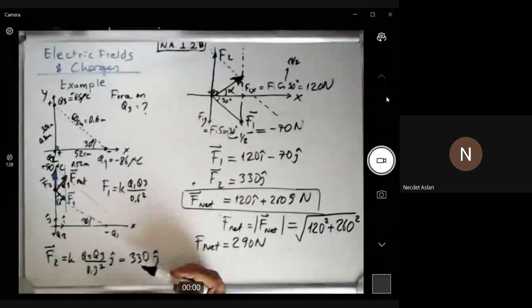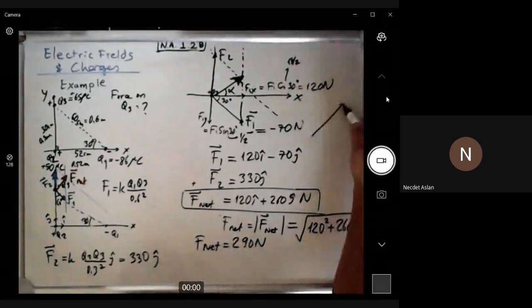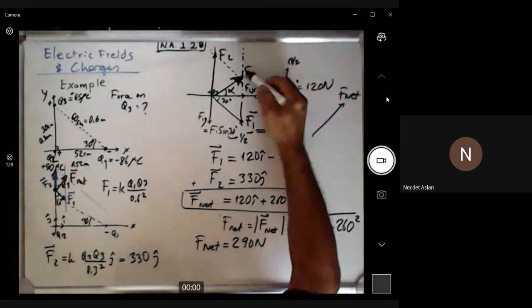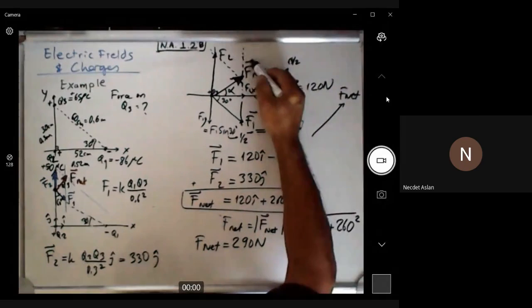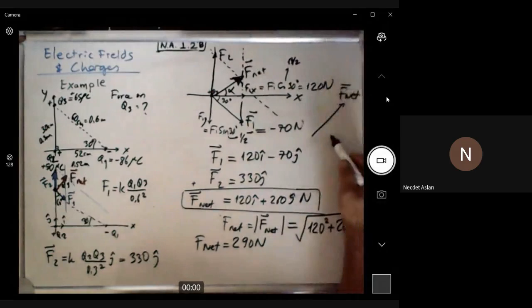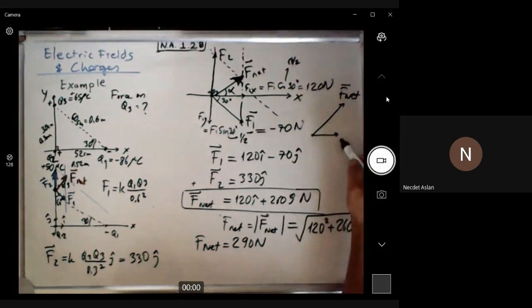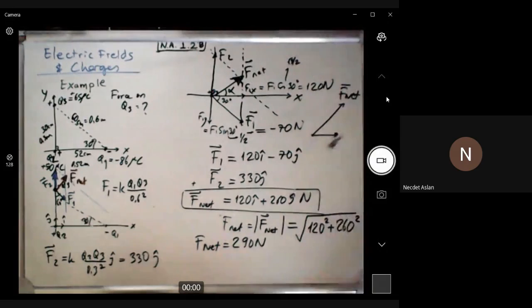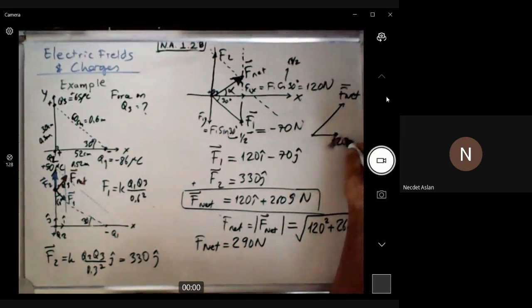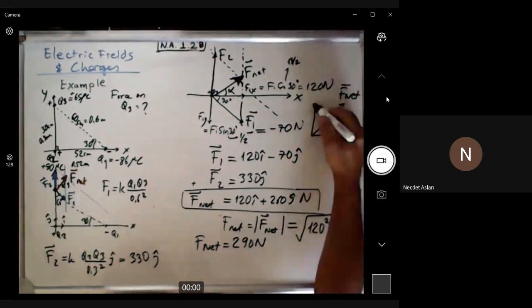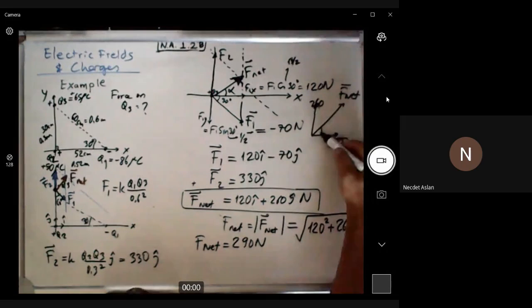So now, if you look at this Fnet vector, it has both positive components. Let's write the values. This is 120, and the Y component is 260. This is the angle that we are trying to find. Very simple.